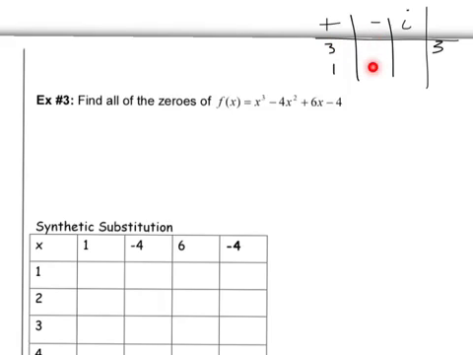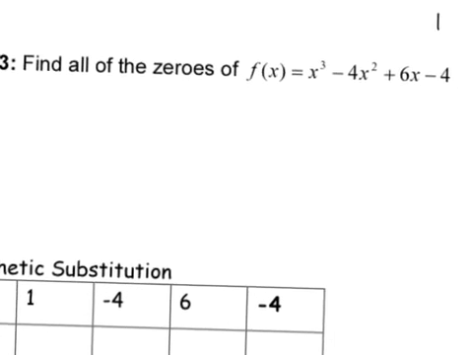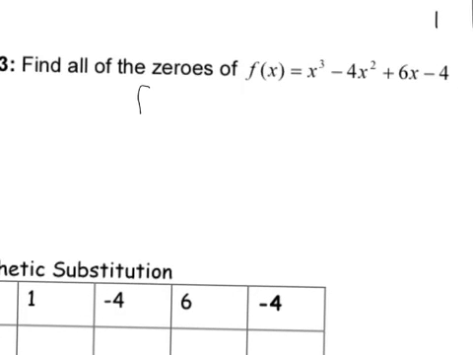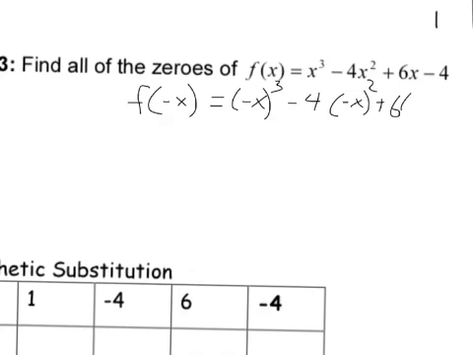Now let's figure out how many negative real solutions there are by plugging in a negative 1. We plug in a negative x, we get negative x cubed minus 4 negative x squared plus 6 negative x minus 4.